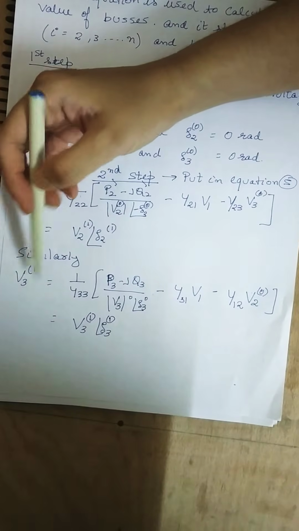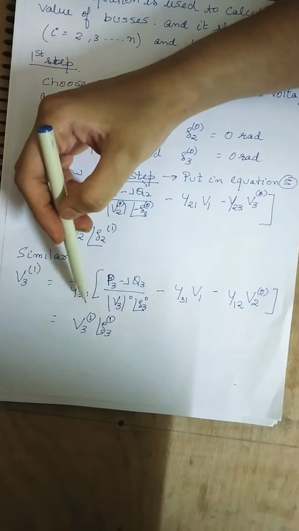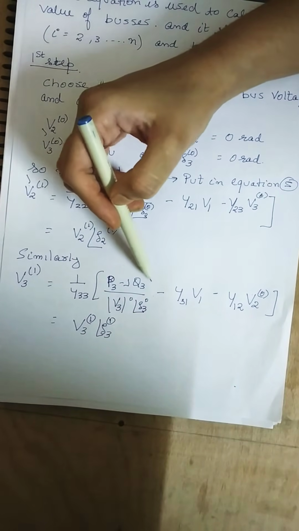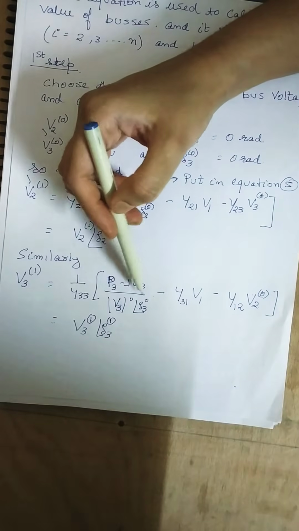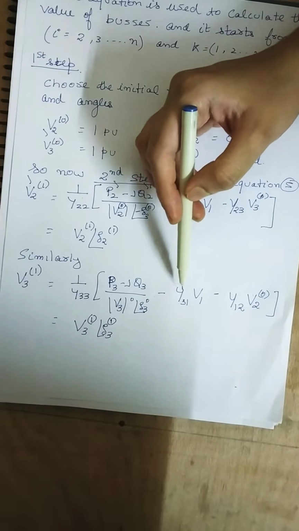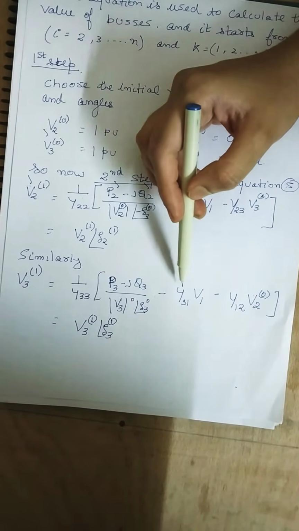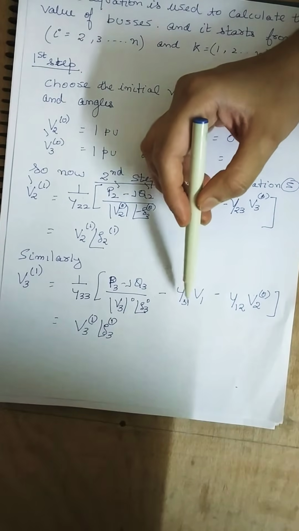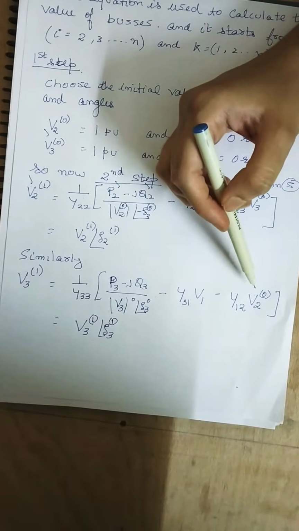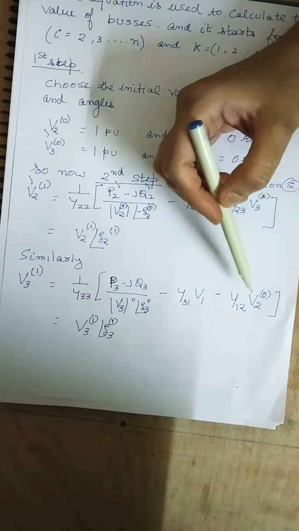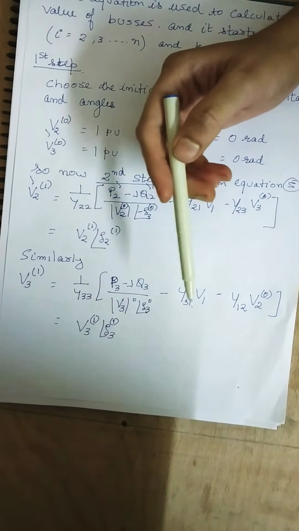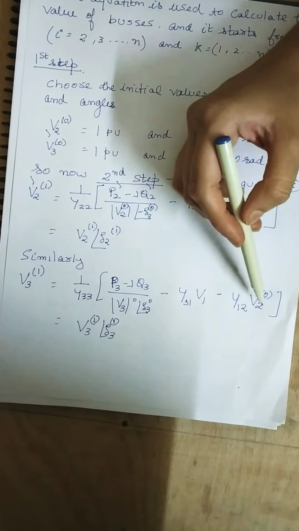So V3 1 equals 1 upon Yii, 1 upon Y33 bracket Pi minus jQi, P3 minus jQ3, upon Vi, that is V3 conjugate, minus Yik Vk, that is i is 3, so Y31 V1 minus, now k can be taken as 2, because k should not be equal to i, so k should not be equal to 3. That's why it is Y32 V2.